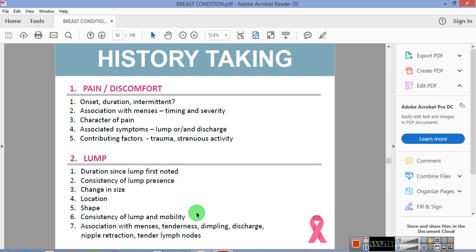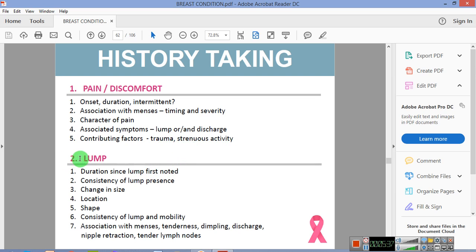Likewise, you have to ask about pain and discomfort, onset, duration, intermittent or recurrent, and association with menses, timing and severity, character of pain, associated symptoms, lump and discharge, contributing factors, trauma, strenuous activity.